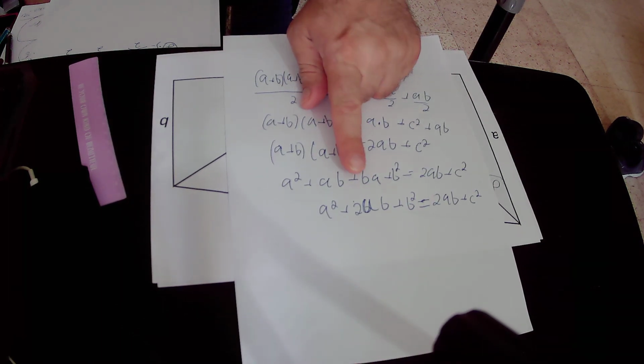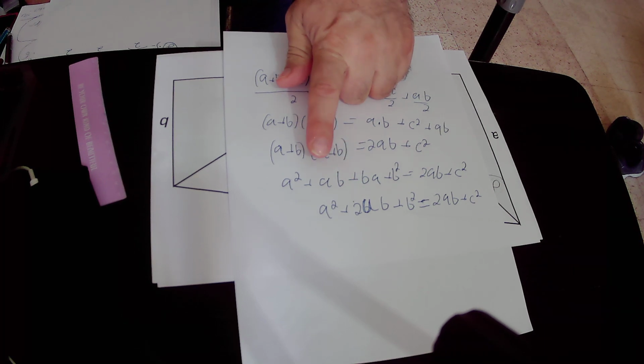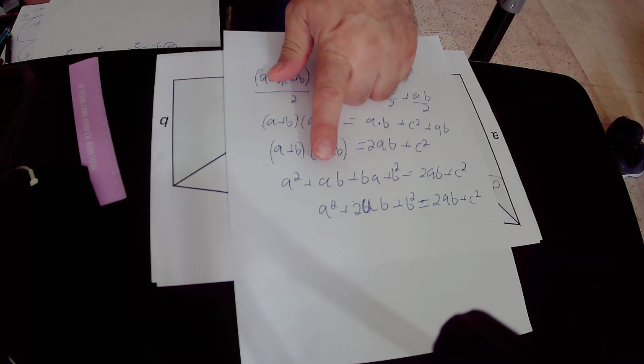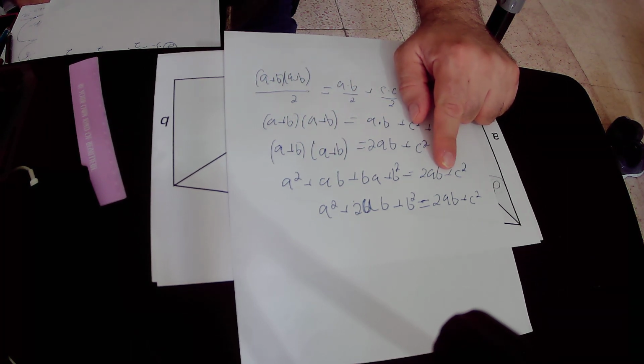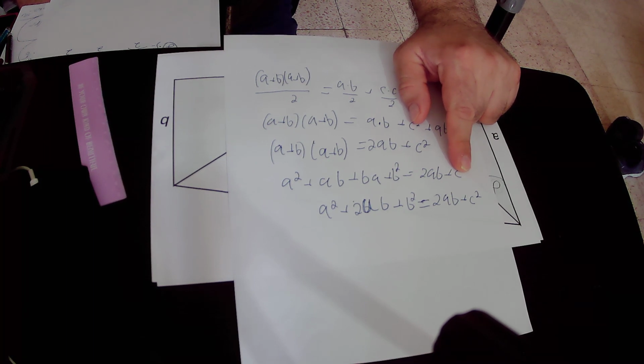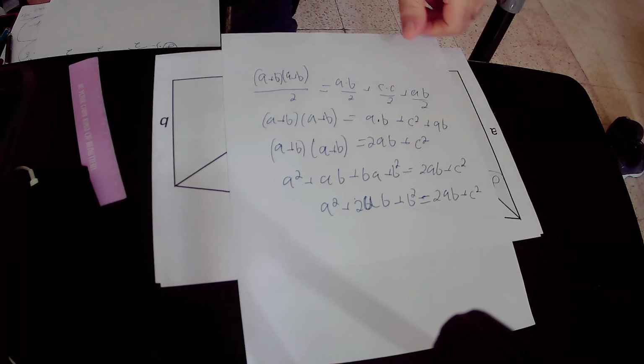ab plus ba is 2ab, so we have in the left side of the equation a squared plus 2ab equals 2ab plus c squared. Now we can simply deduct from both sides of the equation the expression 2ab.